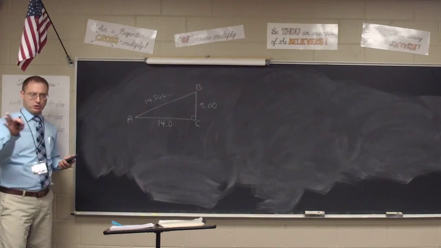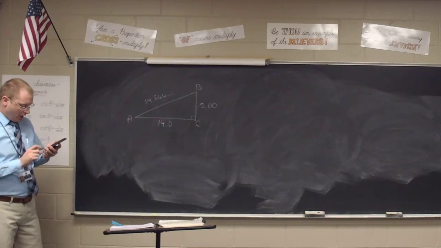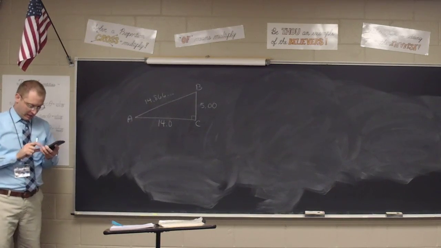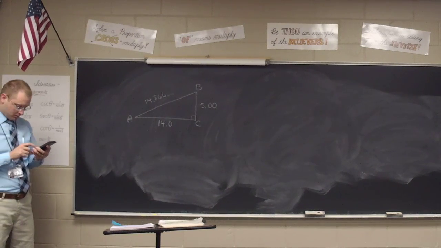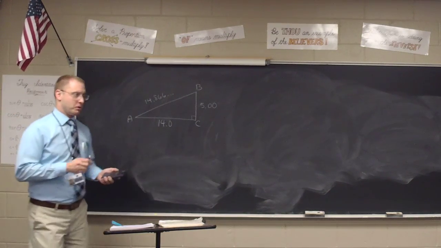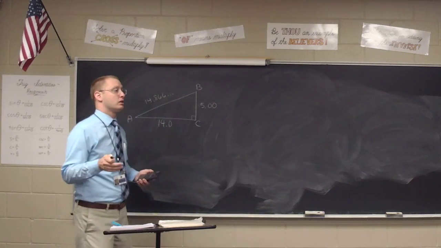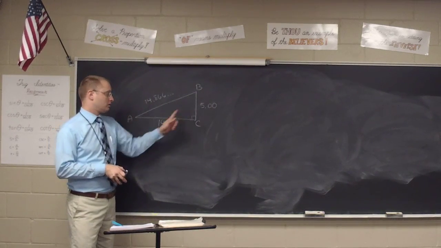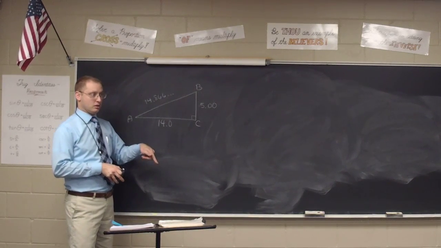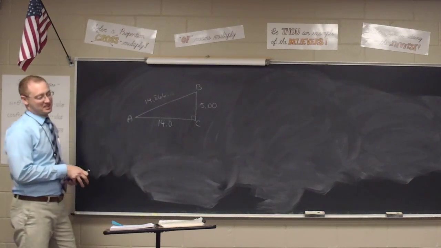Right, checking your answer. Did you get the 14.866, and so on? All right, go ahead and store it in the memory of your calculator. I just got plain 14. All right, so what do we have to do to find the hypotenuse? You have to do 5 squared plus 14 squared, equals, and then take the square root.